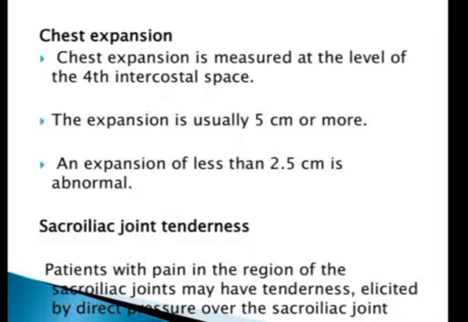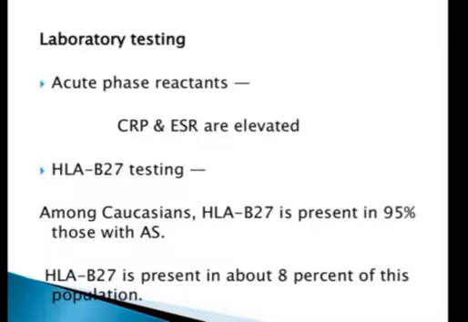An expansion of less than 2.5 centimeters is abnormal. Sacroiliac joint tenderness: patients with pain in the region of the sacroiliac joints may have tenderness elicited by direct pressure over the joint. Laboratory tests: acute phase reactants CRP and ESR are elevated to detect inflammation.